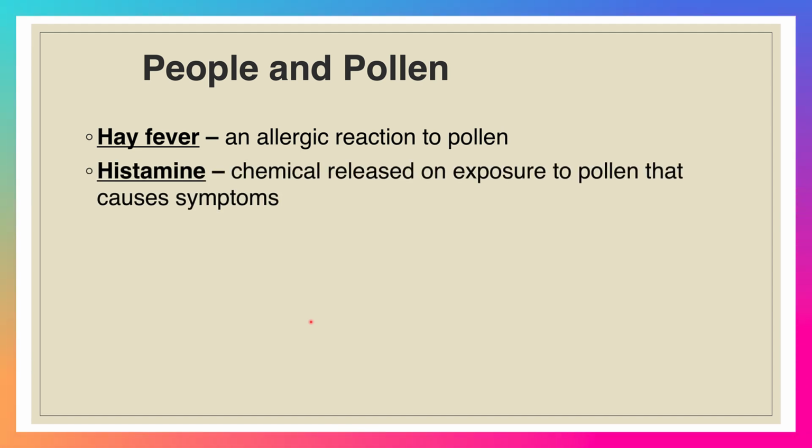Hay fever results from the release of histamine when pollen comes in contact with immune cells. Histamine is a chemical that is released and causes the symptoms that people know about, which is primarily itchy, watery eyes, runny nose, and sneezing.